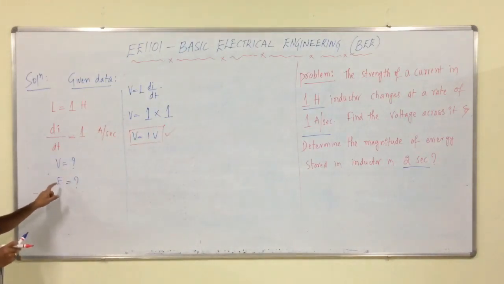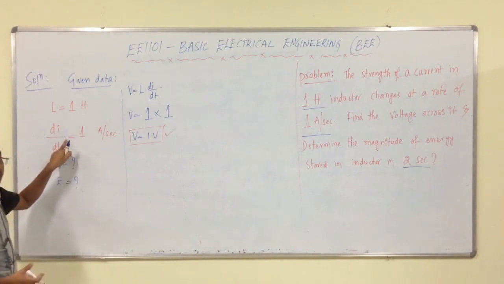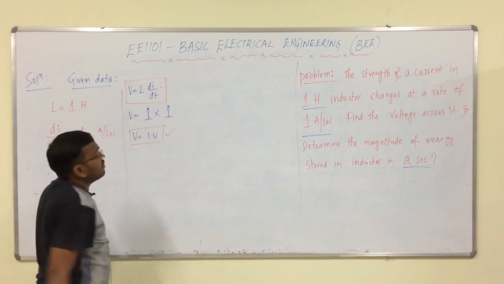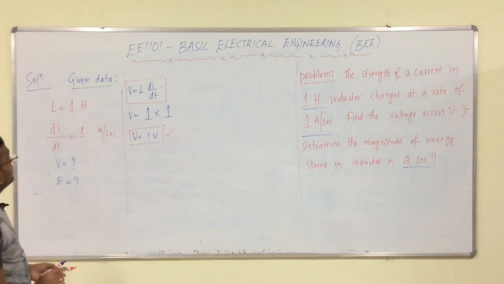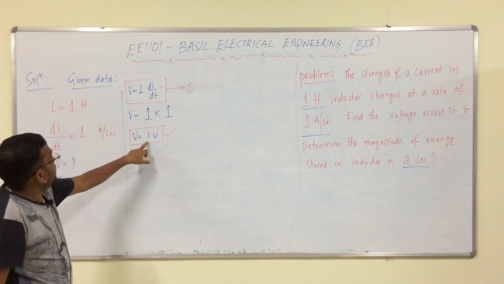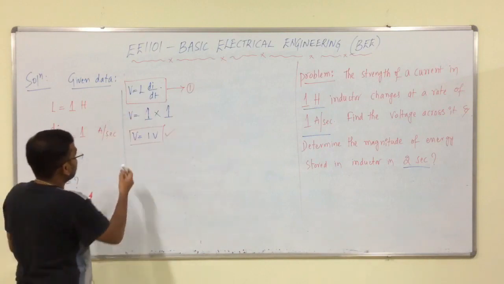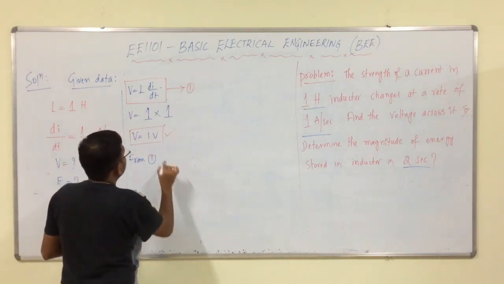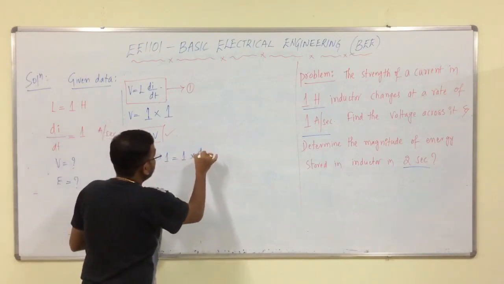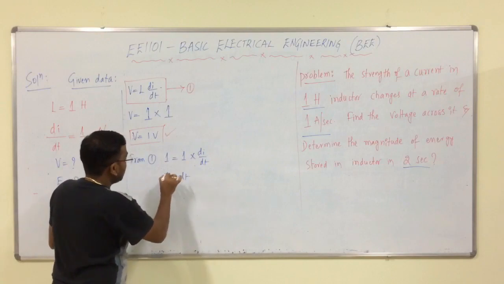Then we calculate the energy, that is E is equal to half L i square, but we don't know the exact value of current, though we know the rate of change of current. We have V is equal to 1 volt, L is equal to 1 Henry. From equation 1, V is equal to L into di by dt, so di is equal to dt.